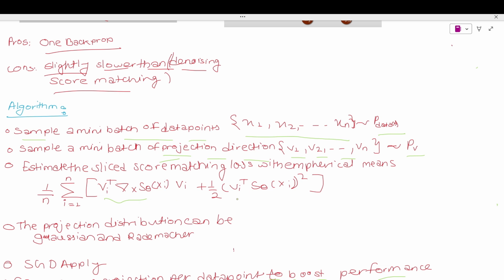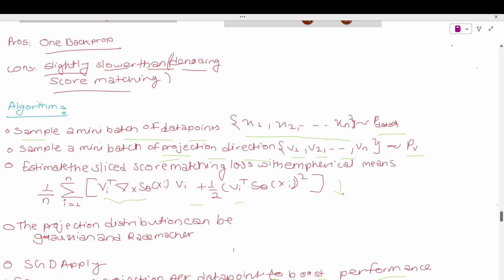This is our objective, and I have to find the optimal value of theta. I'm taking some vector v and doing the calculations, because the original expression is not comprehensible; it has been solved by integration by parts.